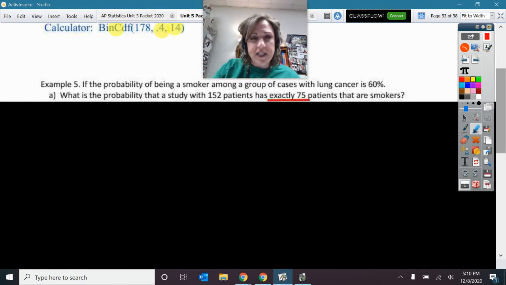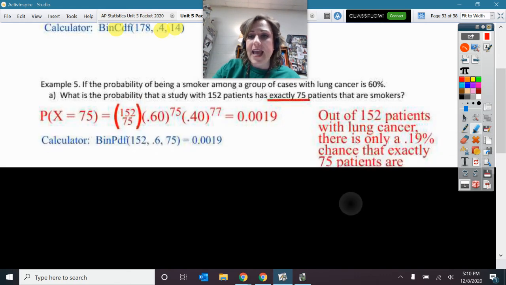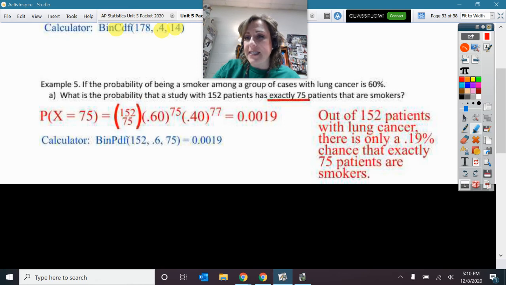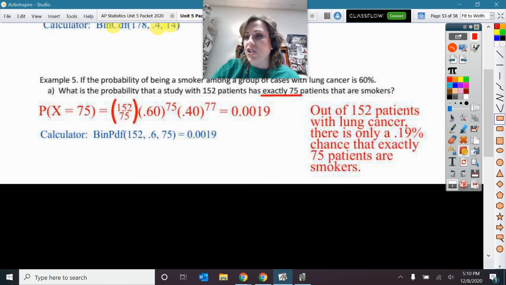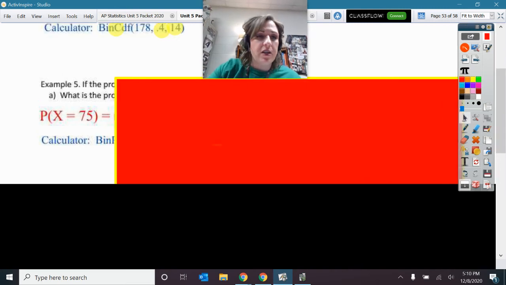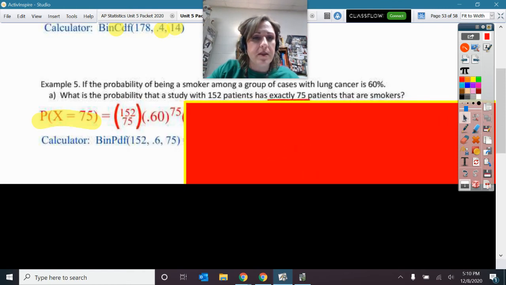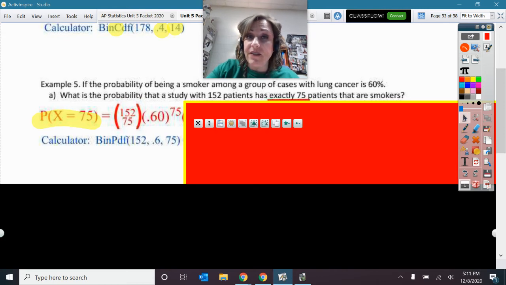So write out your binomial formula and do a binomial PDF. Okay? So here's what that looked like. You've got your 152 patients, and you want exactly, see, write out your intro, write it all out. 75 successes, success rate 0.60, and I want 75 of them.